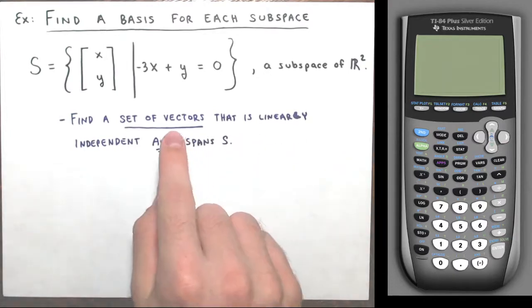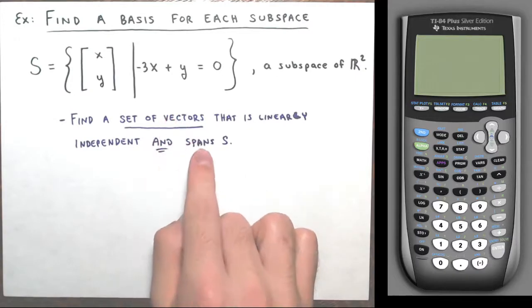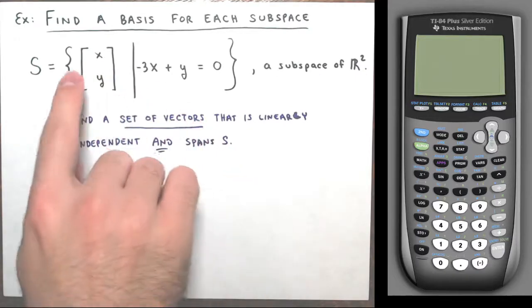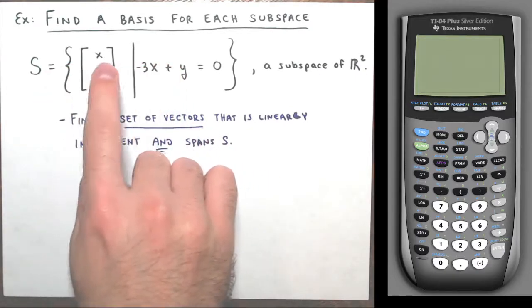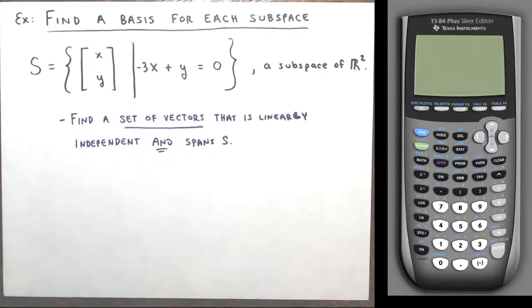If a set of vectors is linearly independent, it means that none of the vectors in the set can be written as linear combinations of other vectors in the set. And when I say a set of vectors spans S, that means that every vector in S can be written as a linear combination of the vectors in this set we're trying to find.